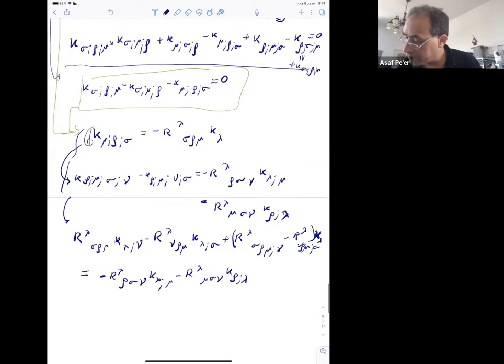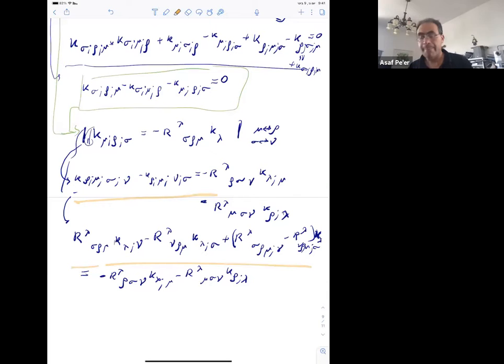Essentially, what I did here is to take this equation and then simply replace mu with a rho and sigma with a nu. Take the derivative and plug it into this equation. That's all. So just follow the algebra, it's pretty straightforward.